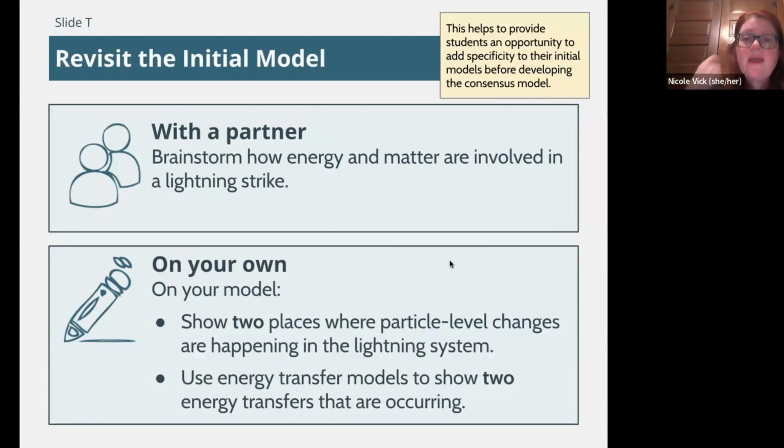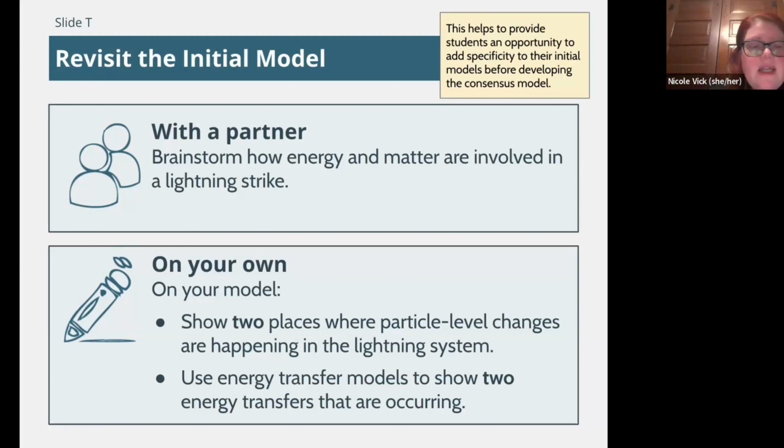So at this point, after we've thought about that, we would have students go back and revisit their initial models to show where the particle level changes are happening within the system, and then also layer in and add on energy transfer models to show where energy transfers are occurring within the lightning system.